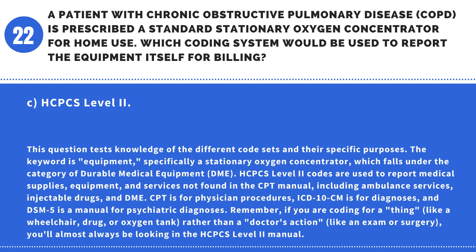CPT is for physician procedures, ICD-10-CM is for diagnoses, and DSM-5 is a manual for psychiatric diagnoses. Remember, if you are coding for a thing, like a wheelchair, drug, or oxygen tank, rather than a doctor's action, like an exam or surgery, you'll almost always be looking in the HCPCS Level 2 manual.